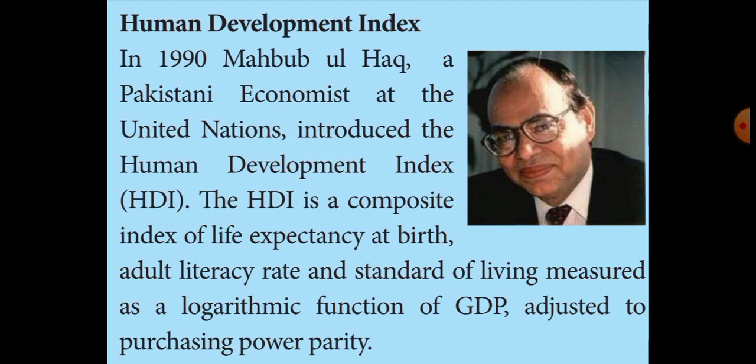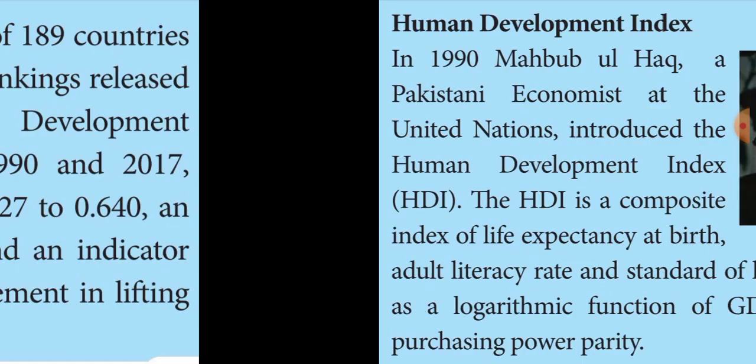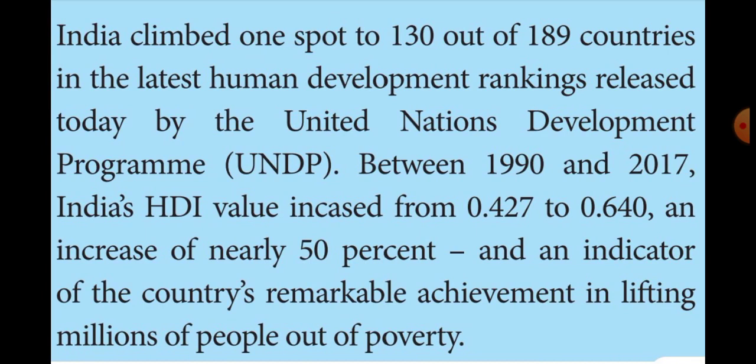India climbed one spot to 130 out of 189 countries in the latest human development rankings released by the United Nations Development Program. That means between 1990 and 2017, India's HDI value increased. In 1990, India's HDI value was 0.427, but in 2017 it is 0.640.